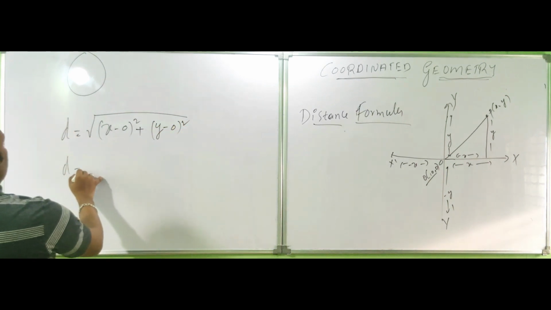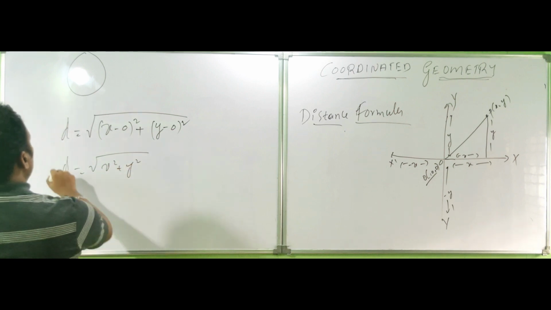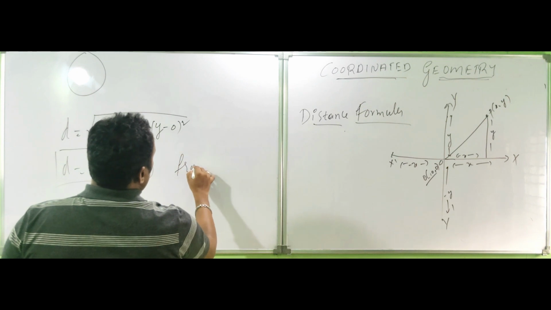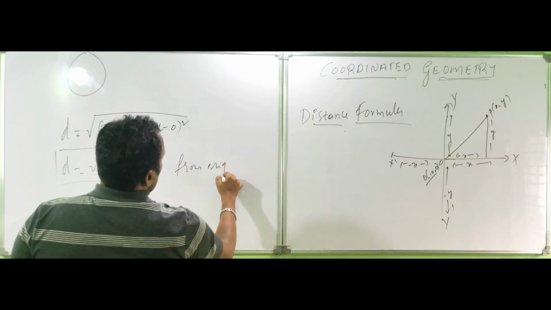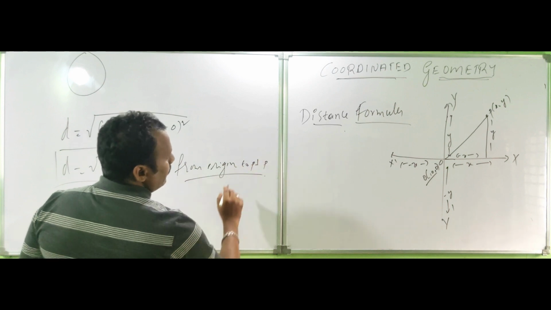So d becomes the square root of x square plus y square, from the origin to point P.